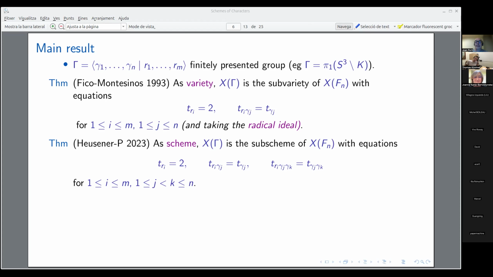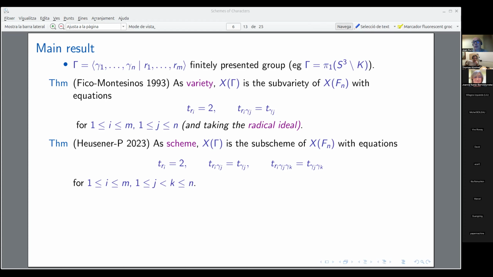And what they say is that this is sufficient to get the variety of representations as a set. They get all characters as points. Algebraically, you take the radical ideal. It's just taking the radical ideal. So to forget about double, triple points and so on, just take what is called the radical ideal.